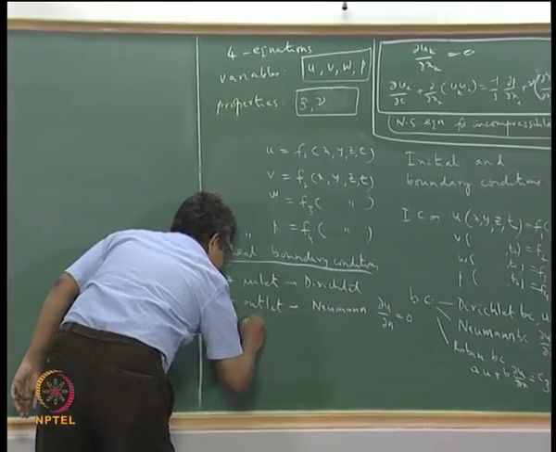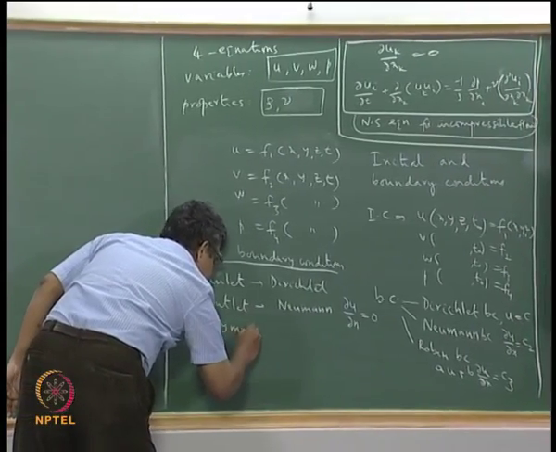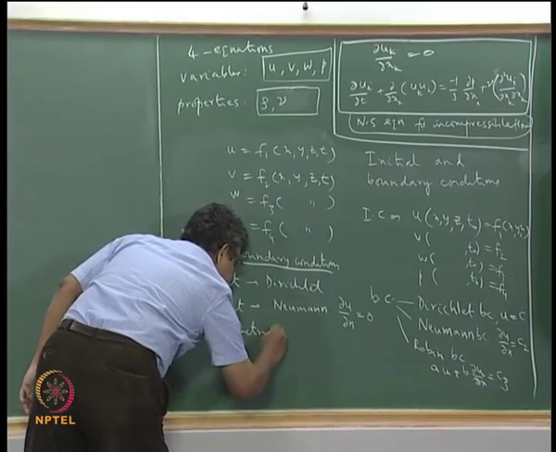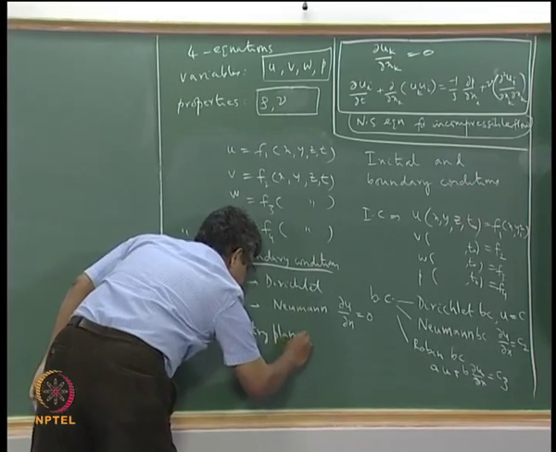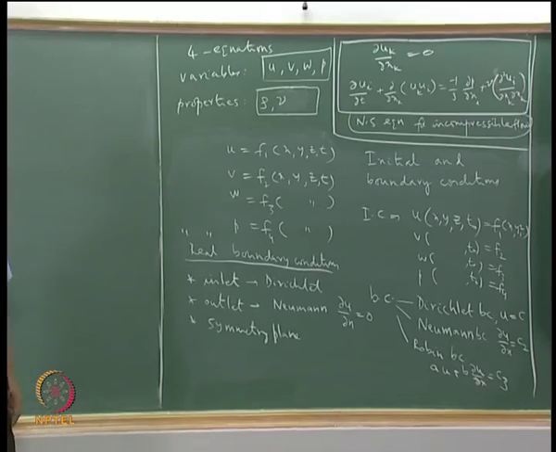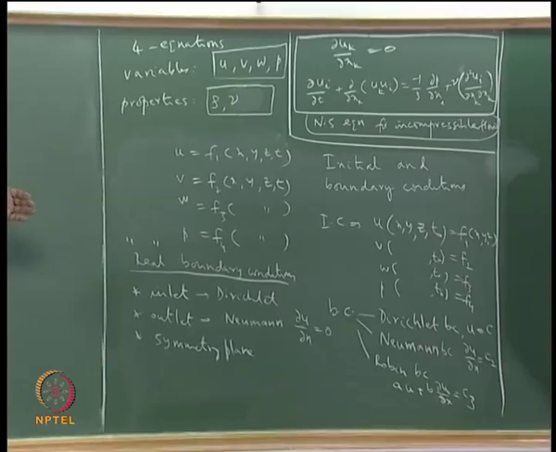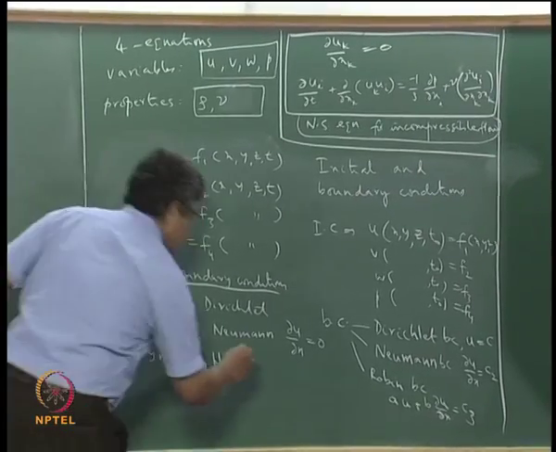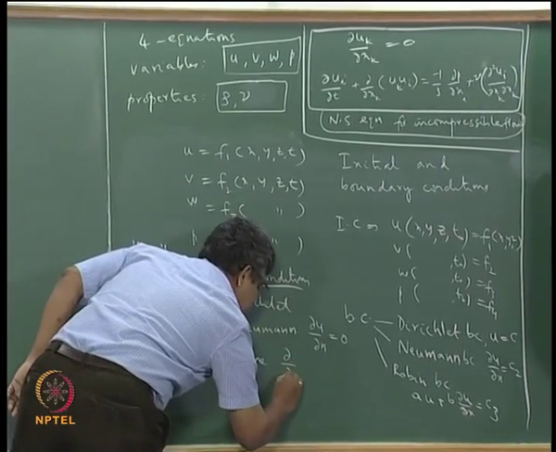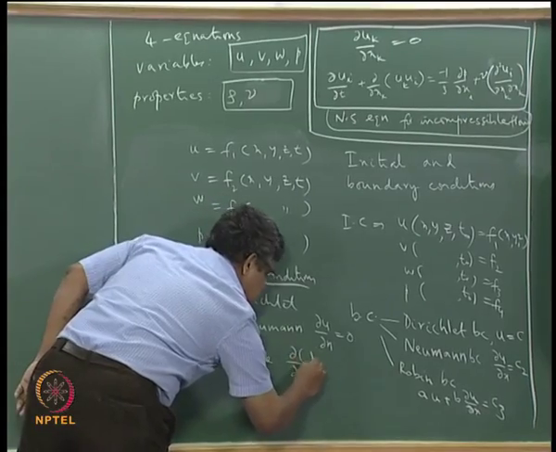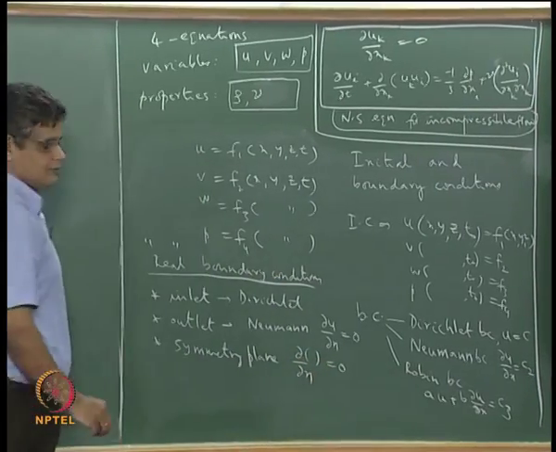We can have a symmetry plane, where the variation across the plane of symmetry is equal to 0.